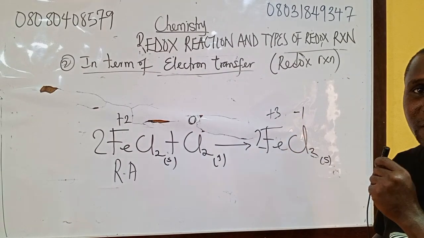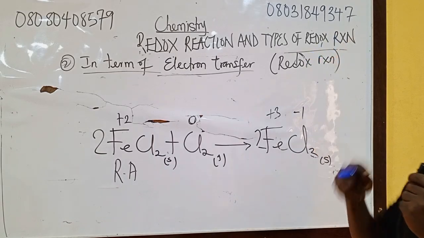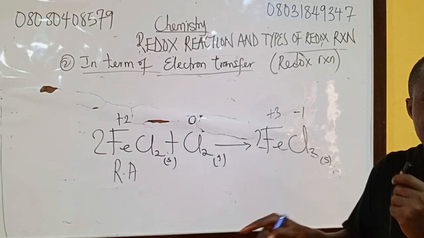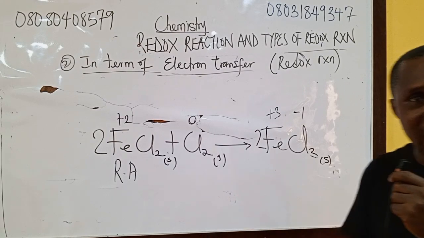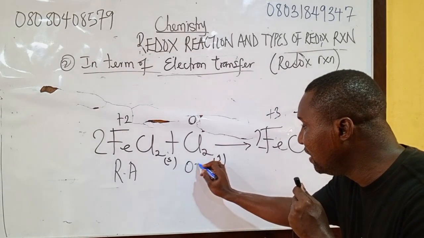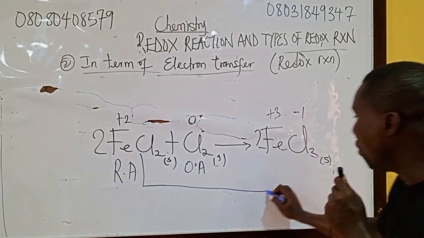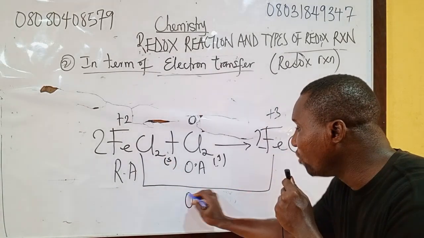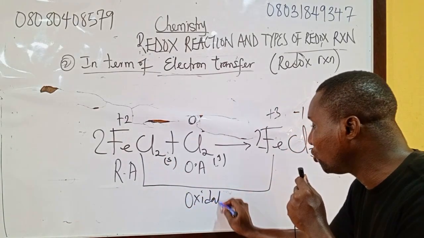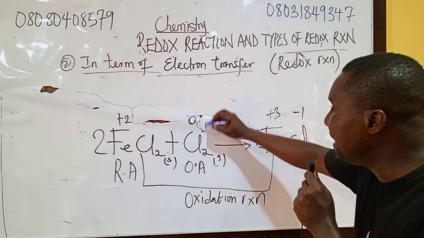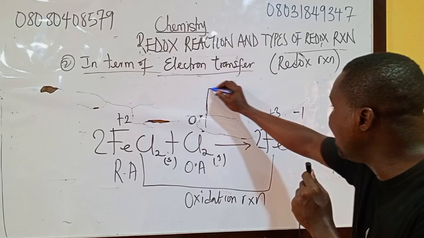Increase or decrease in oxidation number? Decrease. Then which agent decreases in oxidation number? Oxidant, or oxidizing agent. Therefore, reducing agent undergoes what kind of reaction? Oxidation reaction. Why oxidizing agent undergoes what kind of reaction?